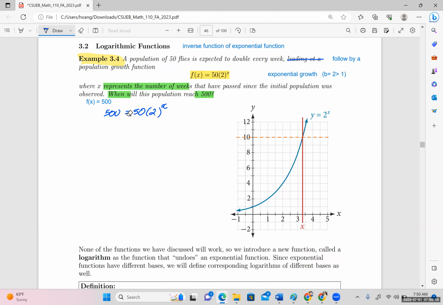So at first, I'm trying to figure out what x is going to be.